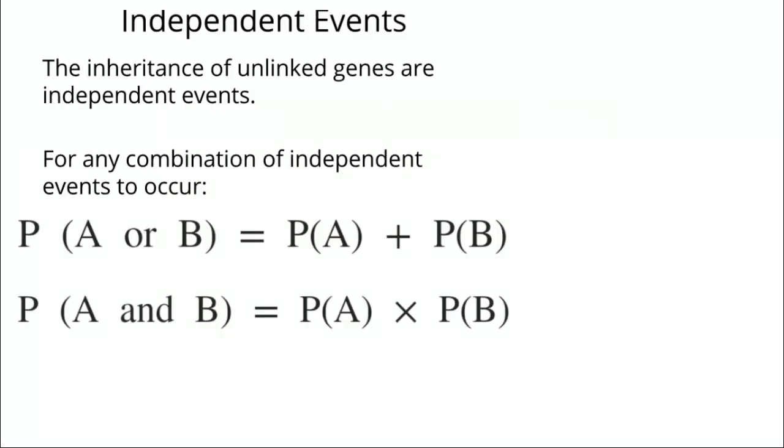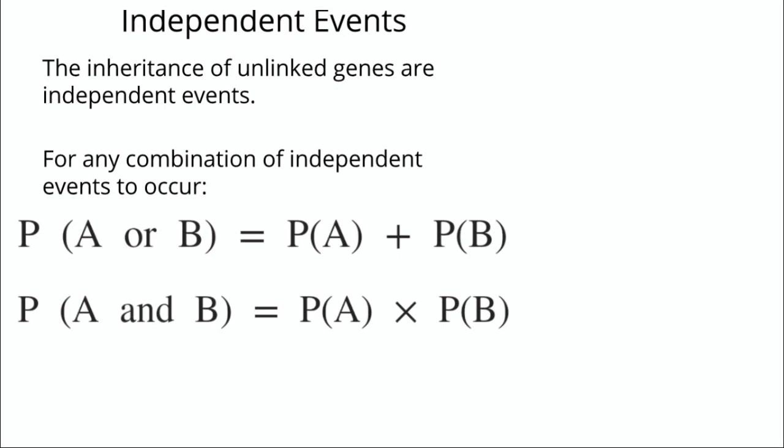To calculate the probability of a phenotype occurring when you have multiple alleles, there's 2 different formulas that you'll want to know about. Okay, the first is the inheritance of either or, one trait or another trait.